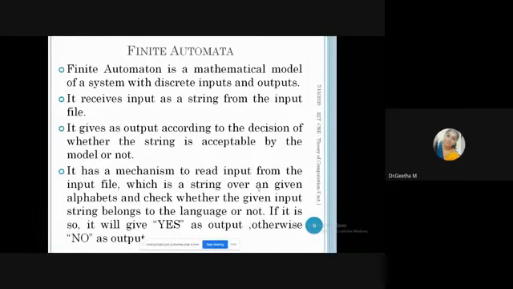If the language does not contain the input we are giving, in that situation it will give no as output. So this mathematical model can verify whether the given input belongs to the language or not. That is the final conclusion.